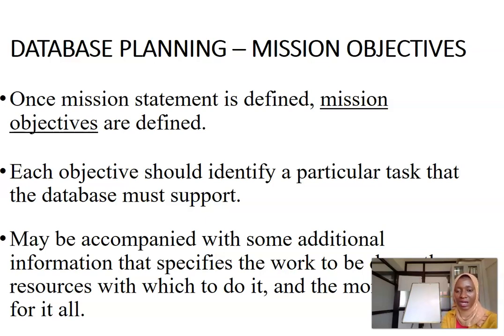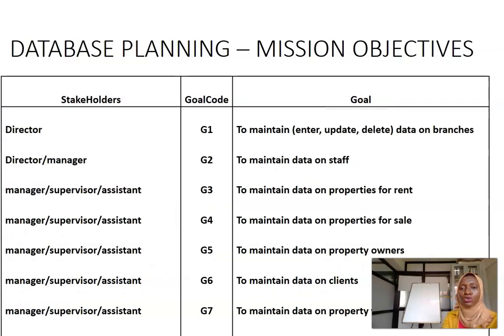So it may be accompanied with other additional information that specifies the work to be done, the resources to be used, who is going to be part of this, the overall financial support, and who is going to be the financier of this particular database.